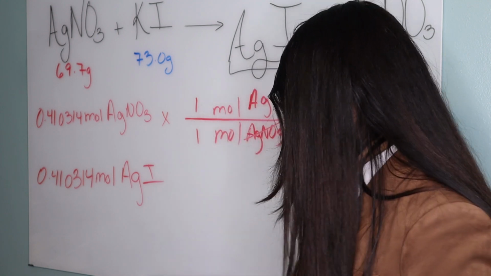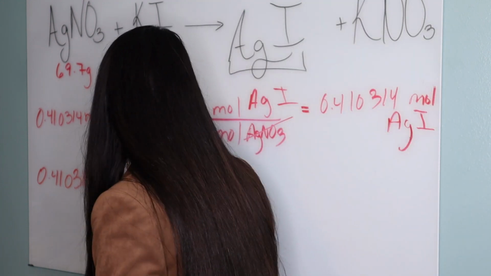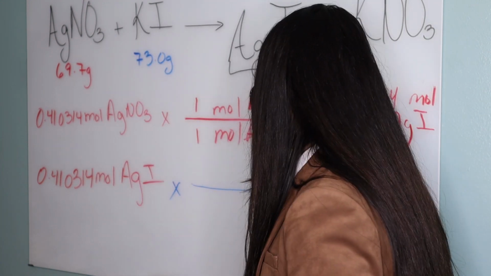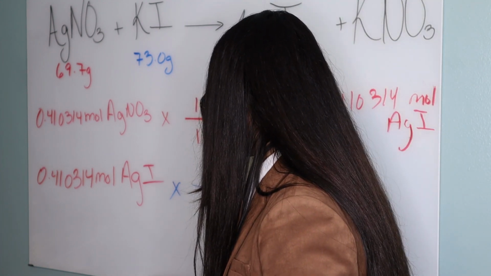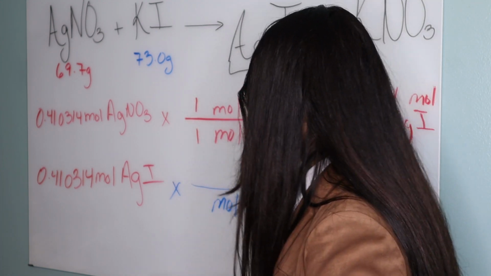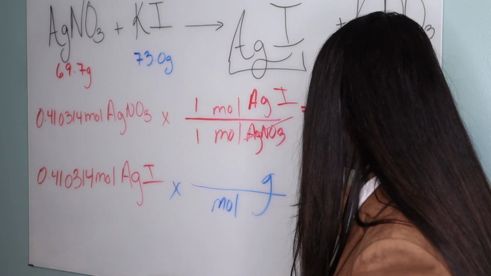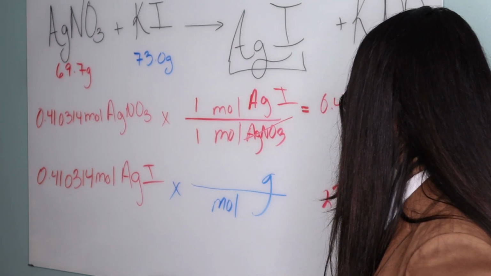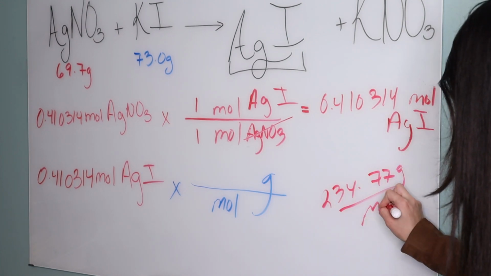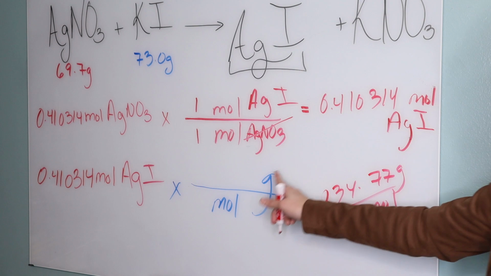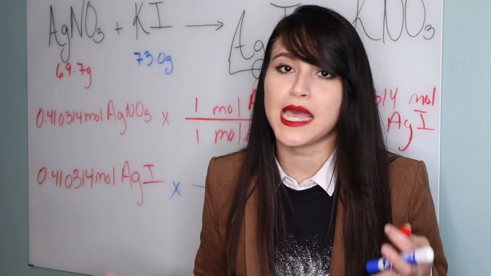So if we have moles and we're trying to go from moles to grams, again, what I want is going to go on the top, and what I want to cross out is going to go at the bottom. The molar mass for silver iodide is going to be 234.77 grams over mole. So looking at this, we have grams over mole and grams over mole, so in this example, we don't have to do any type of flipping.